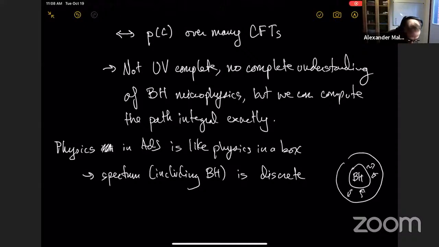But all of the attempts to obtain a discrete spectrum directly from a gravitational path integral seem to have failed.